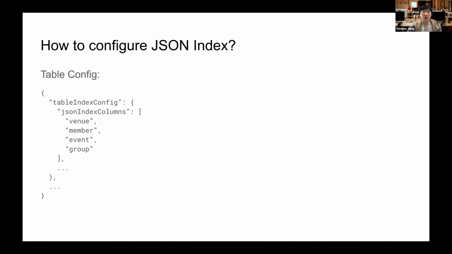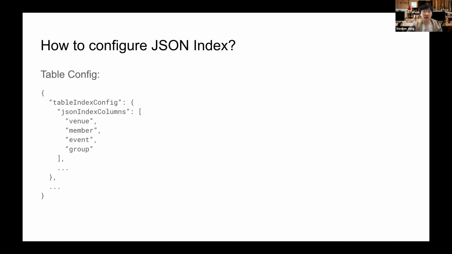In my example, there are 4 JSON nested fields: venue, member, event, group. This config works on offline segment generation and real-time table ingestion, and it can also be added on the fly.